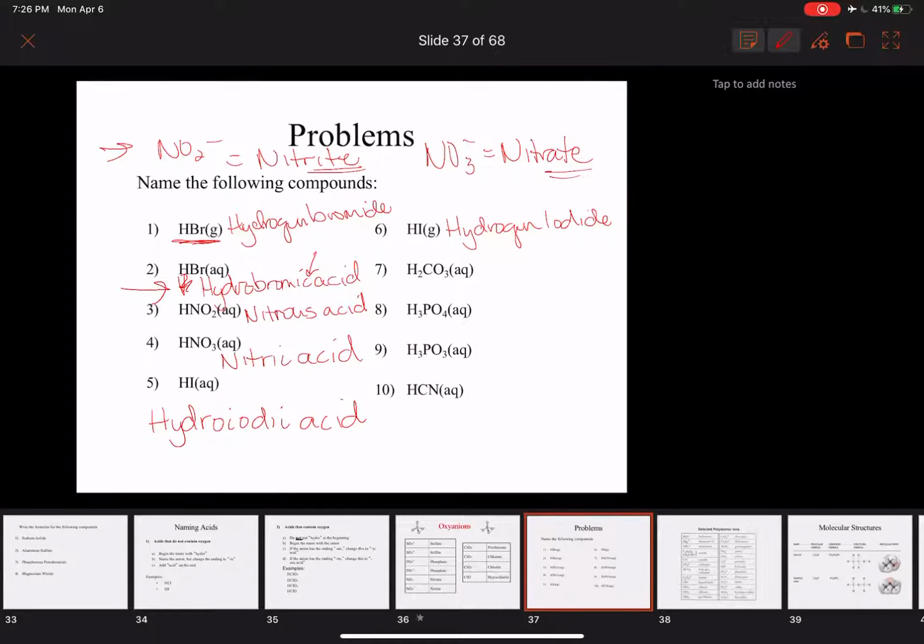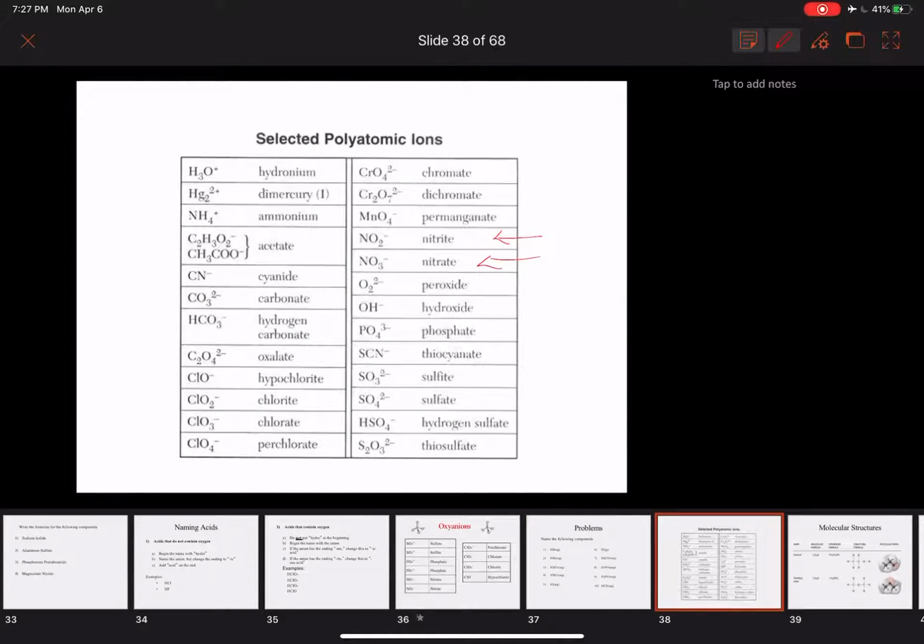Okay, number 7. We see that we've got oxygens in that acid, so we're not going to start with hydro. Then we want to identify the anion, which is CO3 right there. So we're going to pop on over to our polyatomic ion list and look for CO3. And aha, there it is.